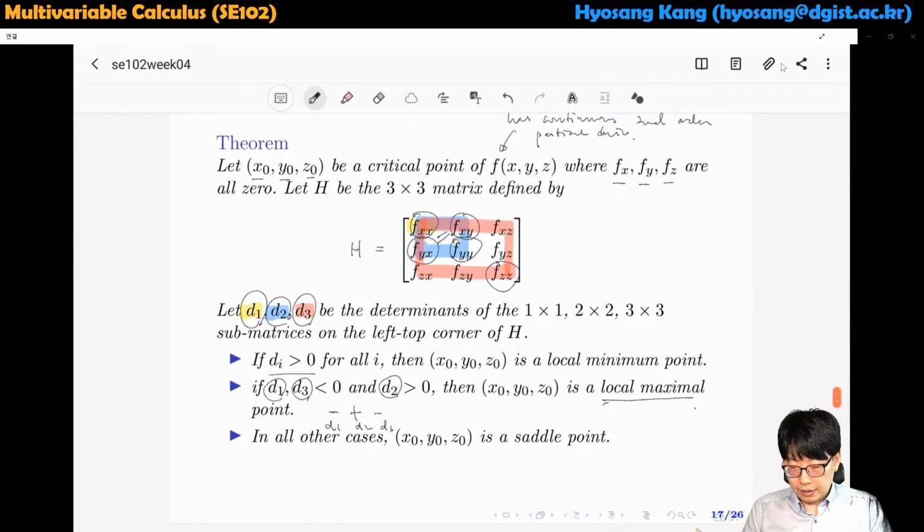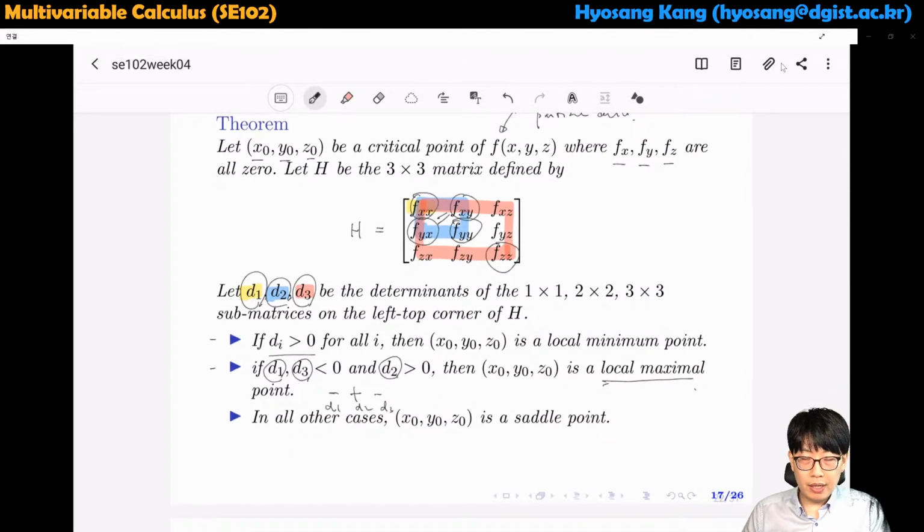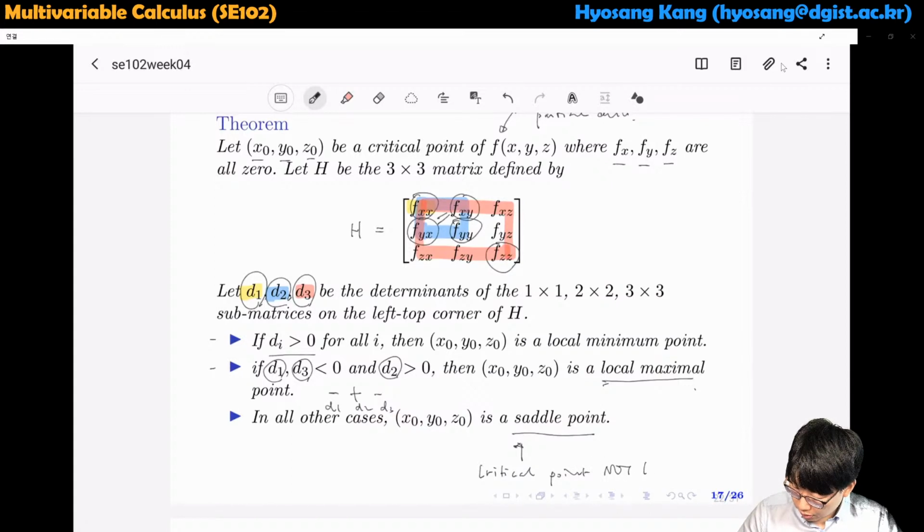In all other cases, if d1, d2, d3 are not of the first type or second type, then this point x0, y0, z0 is a saddle point. I'm not saying this point looks like a saddle, like the monkey saddle, or like a saddle graph of the surface. A saddle point means that it's a critical point which is not a local minimum or maximum.